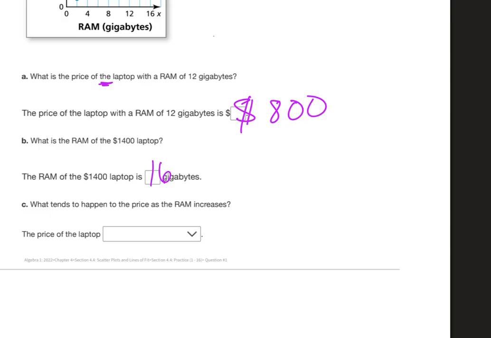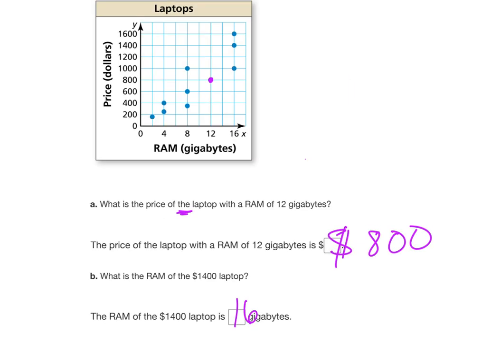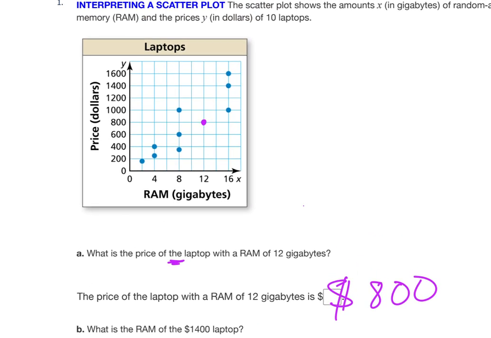Now, what happens to the price as RAM increases? This is where we're actually getting into interpreting this stuff. And I'm pretty sure you might know this information just because you've bought an iPhone or have thought about it before, that as the amount of RAM goes up, the price goes up. And if you're like, how is that? Well, if we were to connect these dots, I would say that's a pretty good representation.